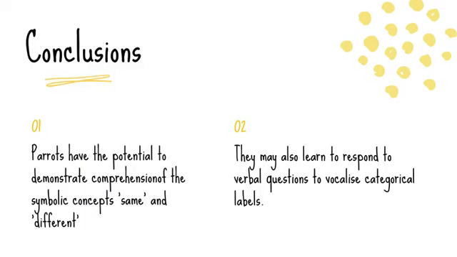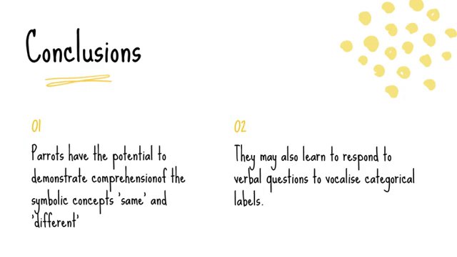Okay, so what we can conclude from this study is, one, parrots have the potential to demonstrate comprehension of the simple concepts same and different. So he knows the concept of same and the concept of different. He also learned to respond to verbal questions to vocalize categorical labels. So he can also categorize labels: categorize shapes, categorize color, categorize matter. So they have this cognitive ability called conceptualization.